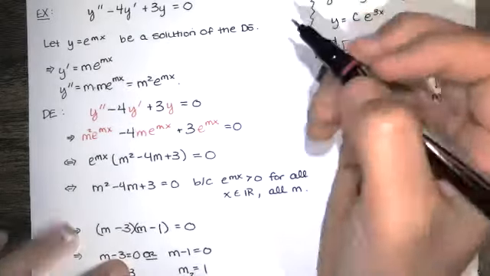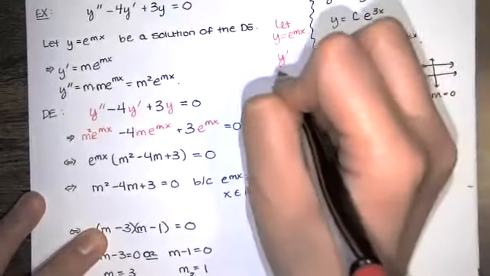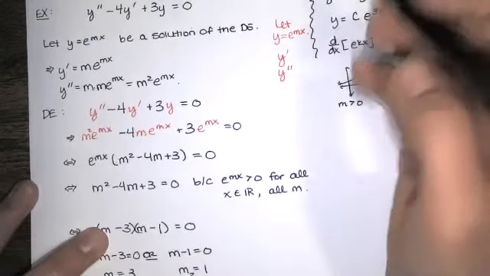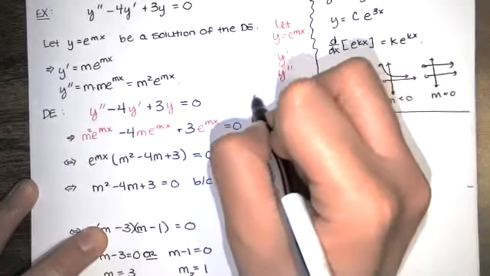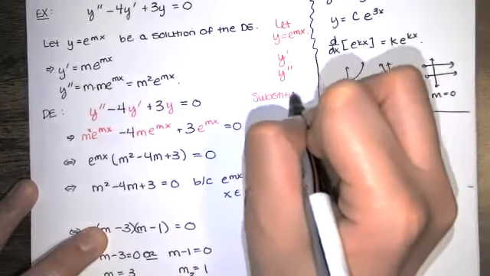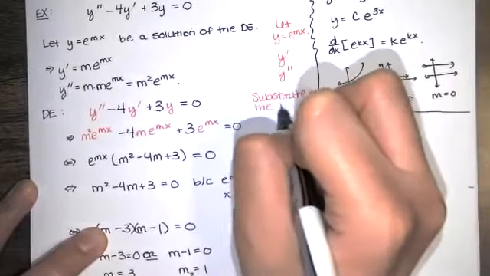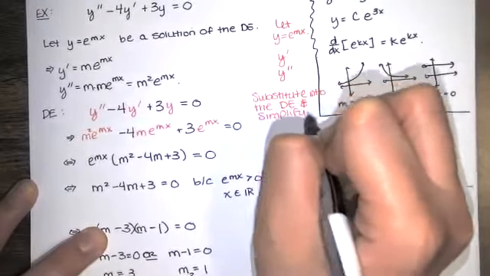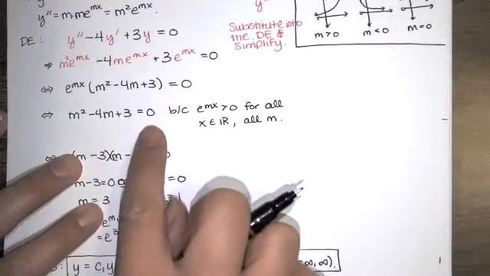So let's write down the steps of the method. We let y equal e to the mx, we compute y prime and y double prime. And you substitute into the differential equation. And then you simplify. And then after you substitute into the differential equation and simplify, you're going to end up with a polynomial equation in m.